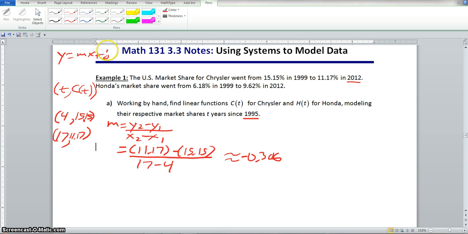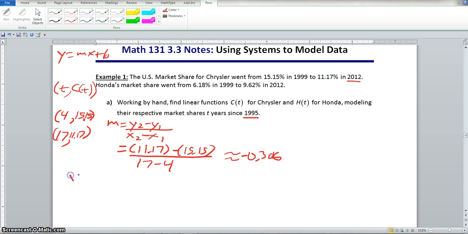Okay, so now we want to get this in the equation y equals mx plus b. We want to write this in slope-intercept form. So we would substitute. Now we would have y is equal to negative 0.306 t plus b.